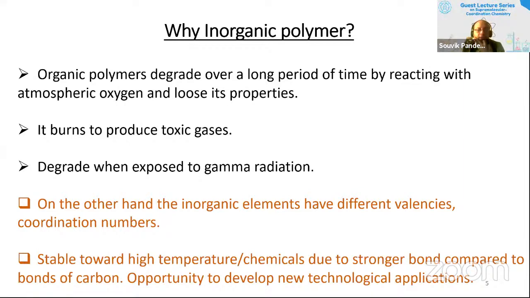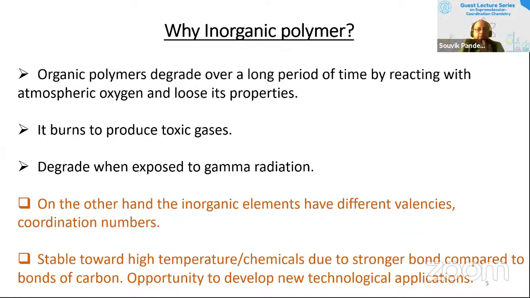Also, one more thing, not only in case of stability, but if you see the properties, inorganic elements have different valencies. Suppose you take phosphorus, it can have +3 and +5.